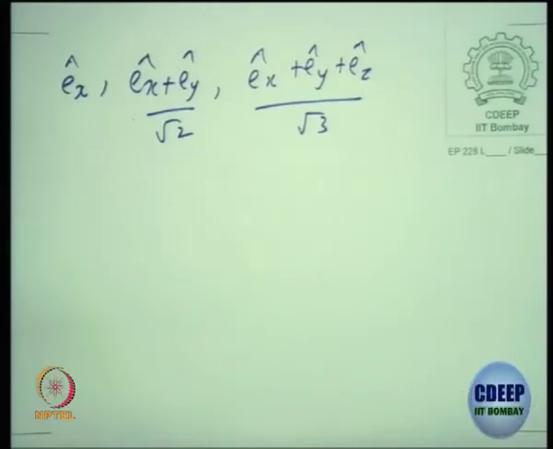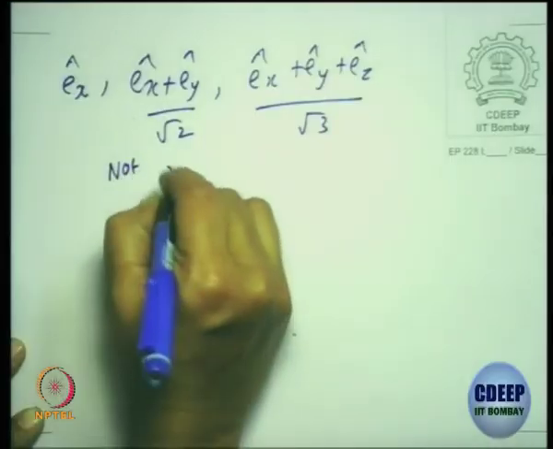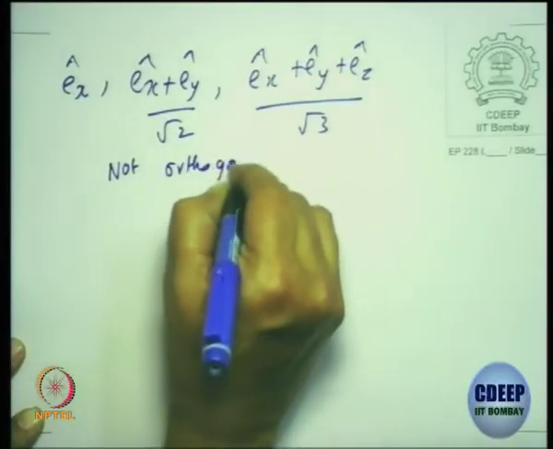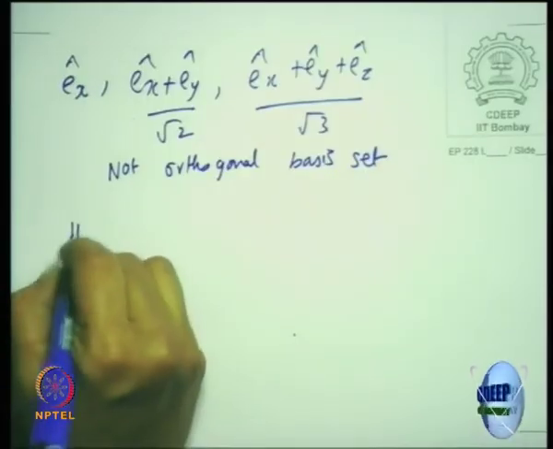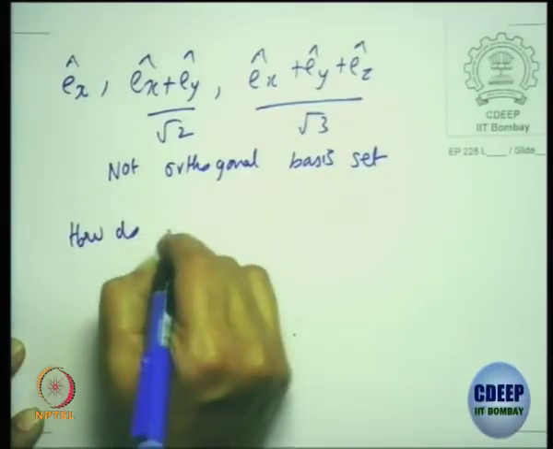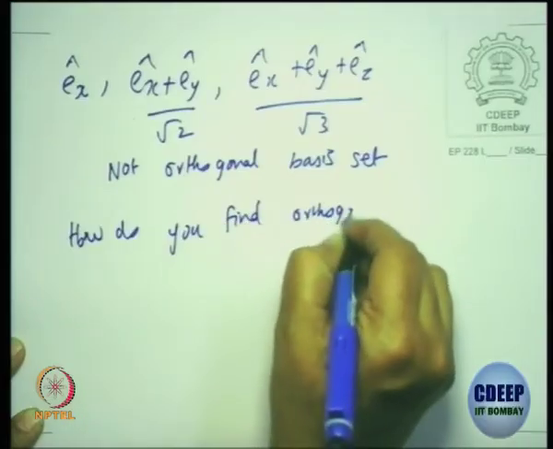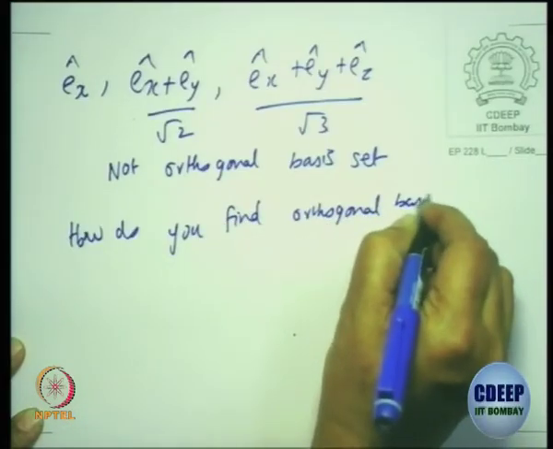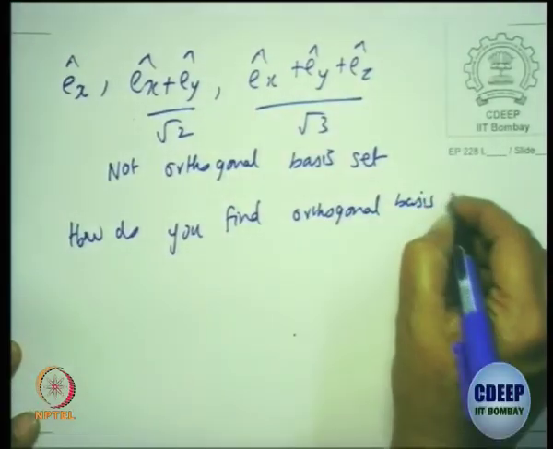So this is not an orthogonal basis. How do you find an orthogonal basis from the above set?